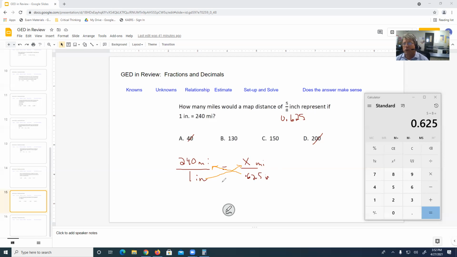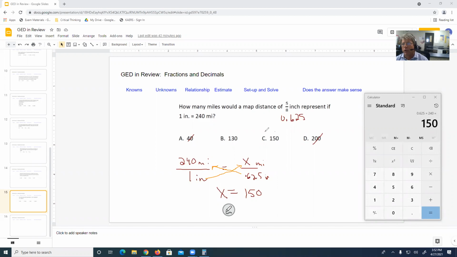So the math says, go 1 times x. Well, 1 times x is just x. And then all I got to do is go 0.625 times this 240. So if I clear that off, well, actually I didn't have to, 0.625. If I multiply that by 240, that would give us our answer of 150. So 150 miles would be that answer.